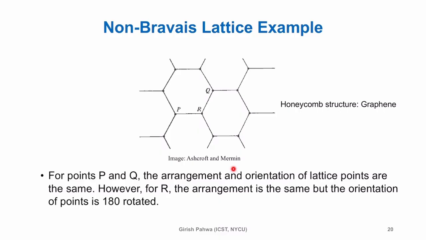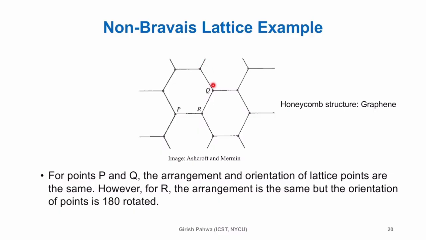Why? Look at, say, point R and look at point Q. If I sit at the point R and look around, what do I find? I find that in this direction I see 1 point, 1 point, 1 point. And if I sit at point Q, what do I see? I see a similar arrangement of atoms. I see again 3 points here, here, here. But what about the orientation?